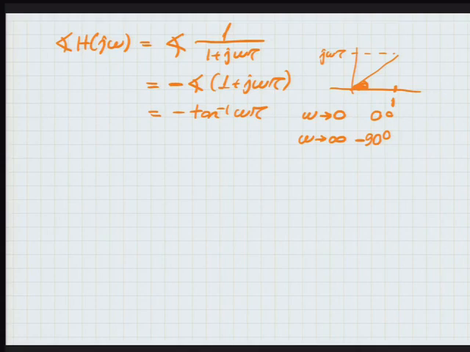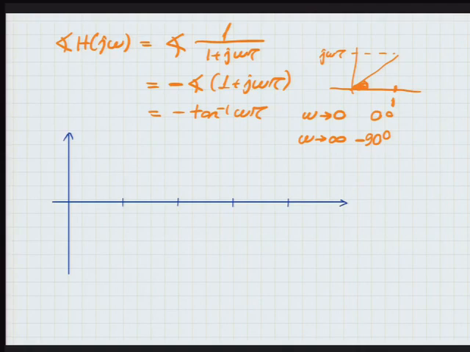So the way the Bode approximation does that is as follows. So wait, what am I doing? So this is 1 over tau, right? That's our cutoff. This is 0.1 over tau. This is 10 over tau, 100 over tau, etc. So the approximation is like this.